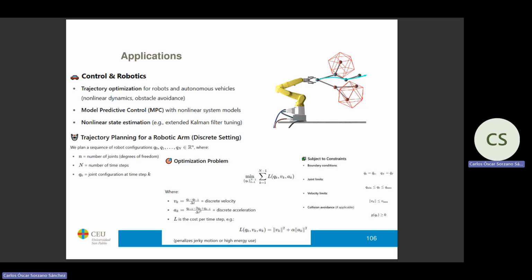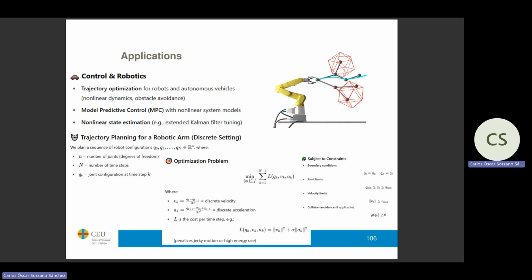And then you will go from the initial to the final positions in a number of segments, capital N segments. These are time segments. Each one of these time segments, you have N joints.